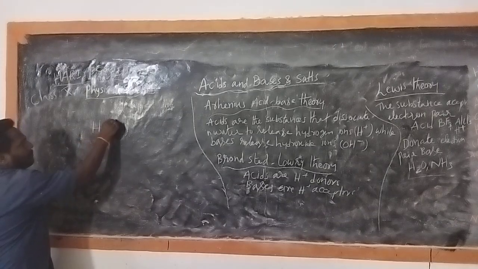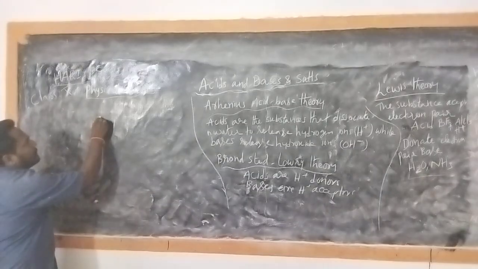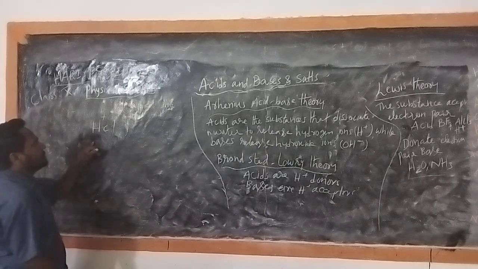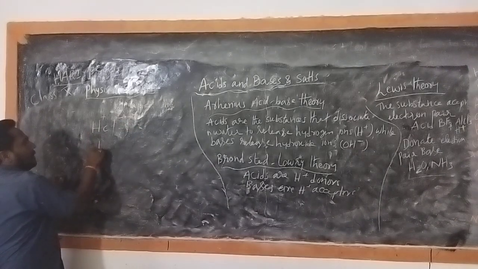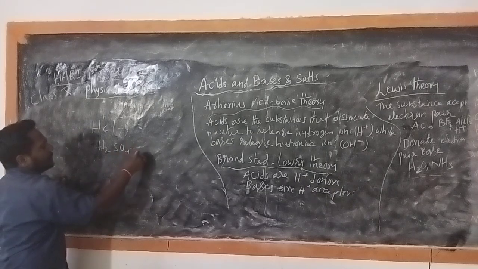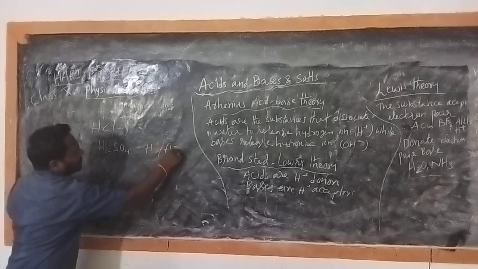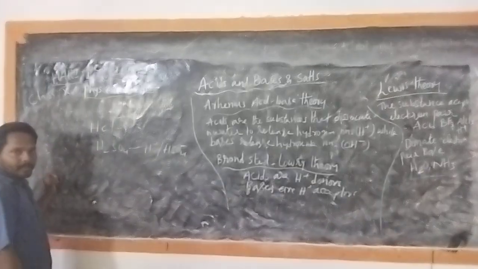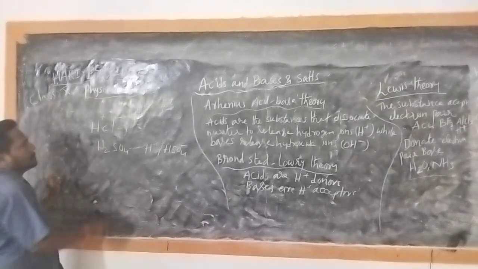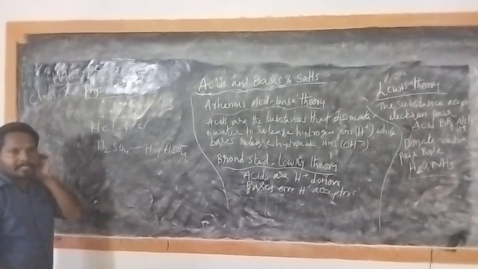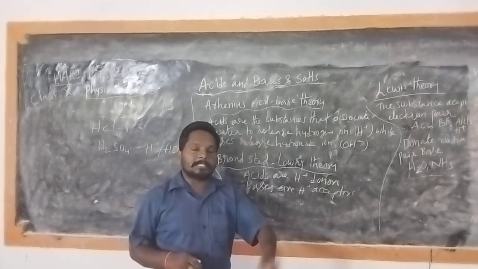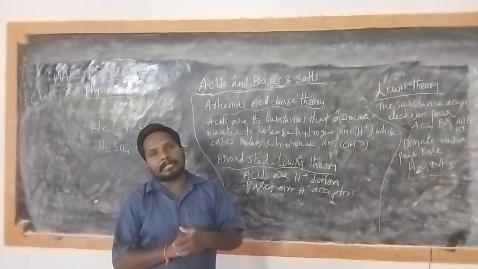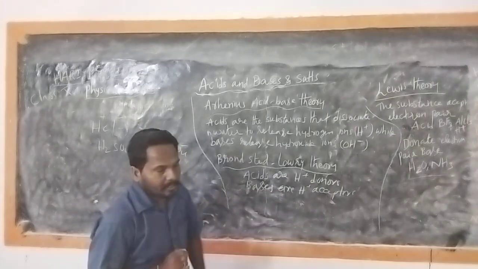So HCl, when dissolved in water, dissociates into H plus and Cl minus ions. H2SO4 also dissociates into H plus and HSO4 minus ions. So a substance which dissolves in water, dissociates into its respective ions and gives H plus ion is called an acid.